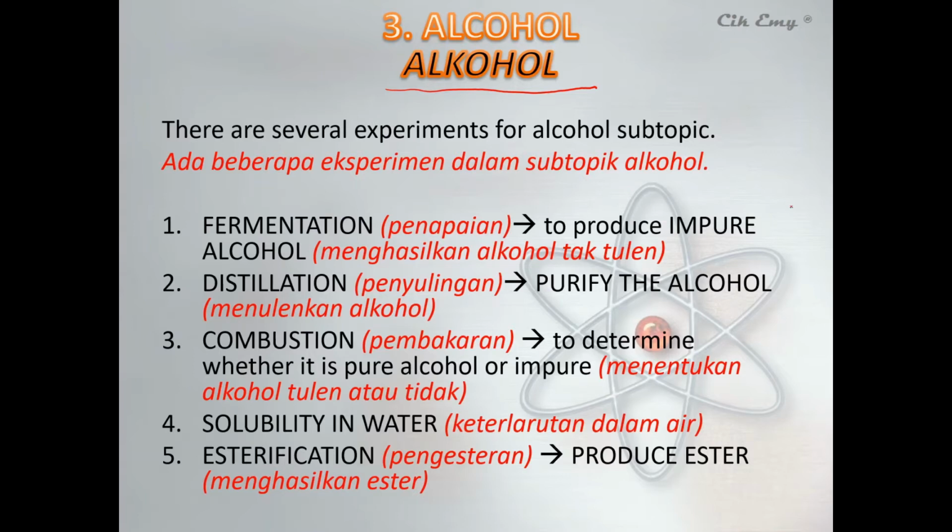So first we want to know how to produce the alcohol, and then how to purify the alkohol, macam mana nak menulinkan alkohol, and then we will explore the characteristics of alkohol. Kita akan tengok ciri-ciri dia macam mana. Okay, apa yang kita boleh buat dengan alkohol tersebut.